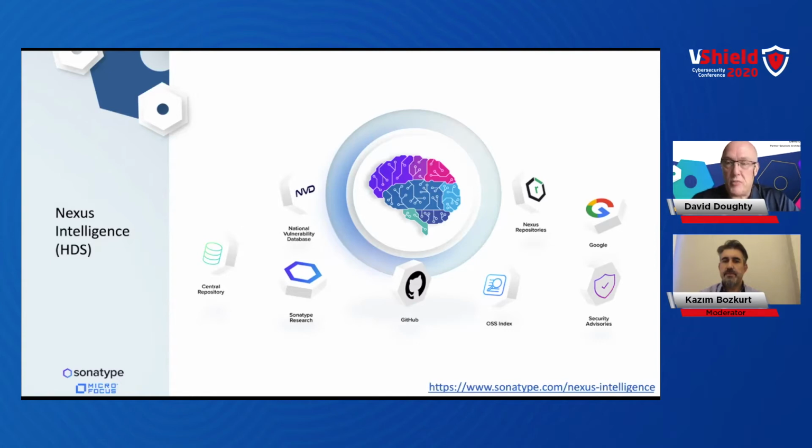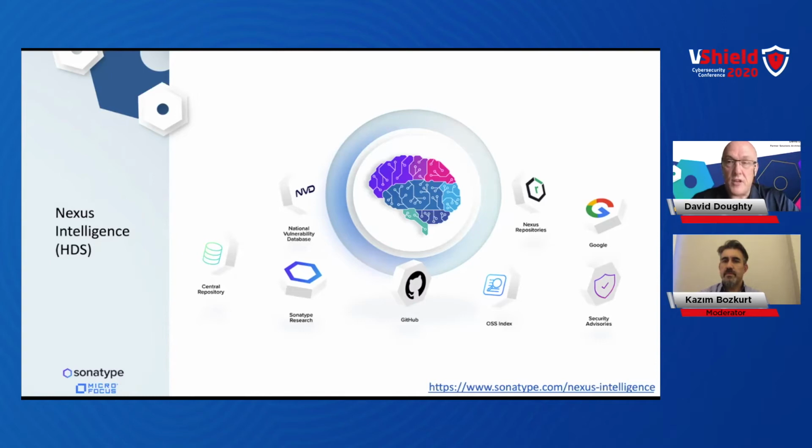We look at third-party security advisories coming from third-party security teams that may highlight particular vulnerabilities in particular open source components. And all of that information is automatically gathered and associated with the open source components that we identify from public repositories. And that then feeds into our Sonatype research program.